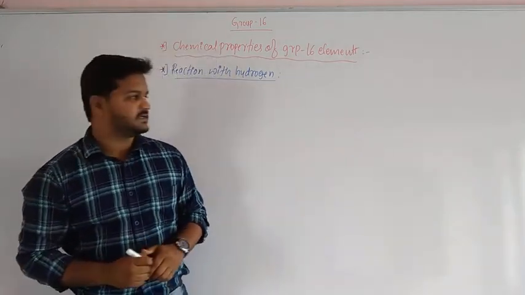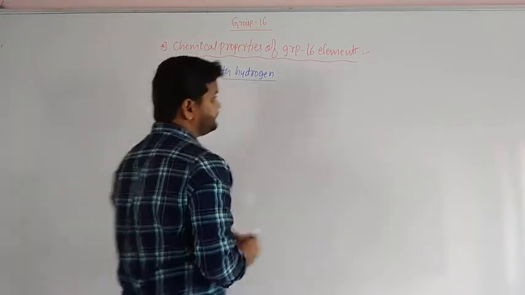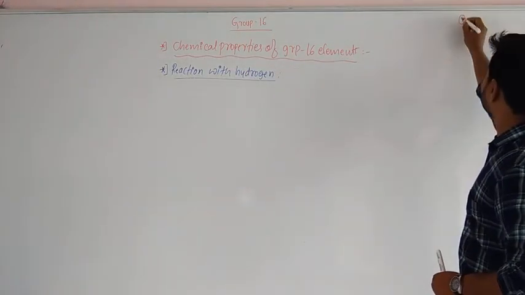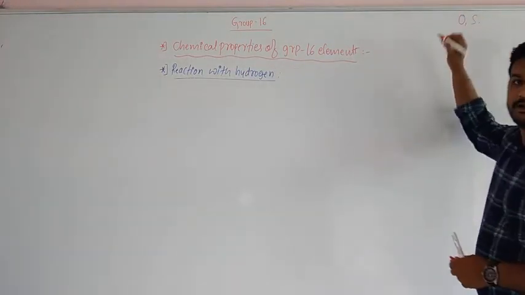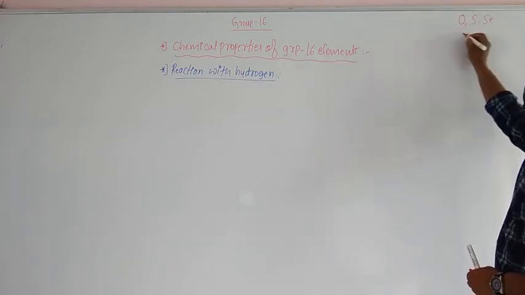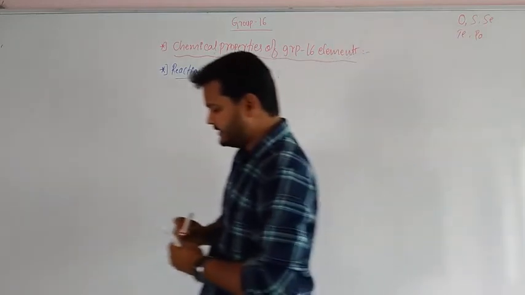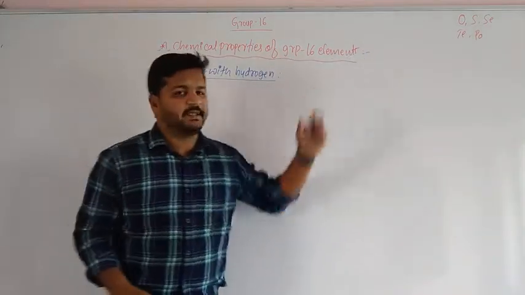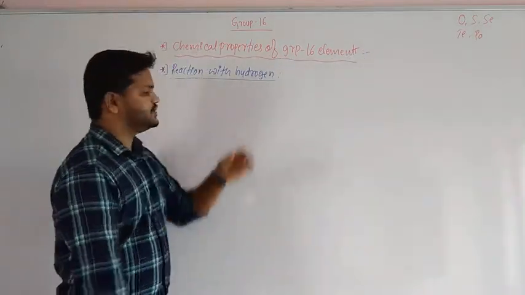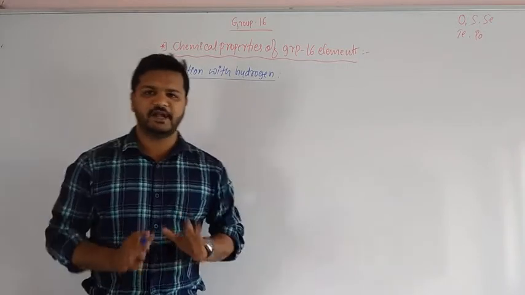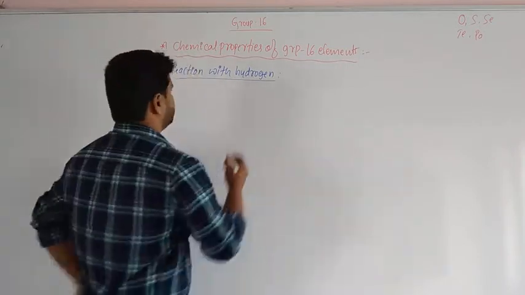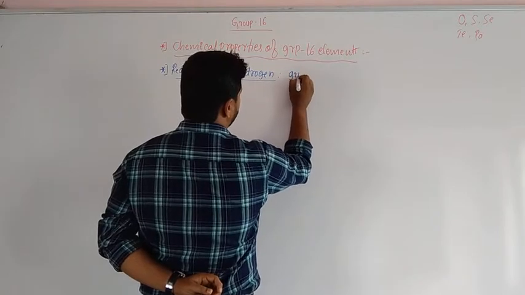When group 16 elements like oxygen, sulfur, selenium, tellurium and the last one, polonium, react with hydrogen, they form hydrides.